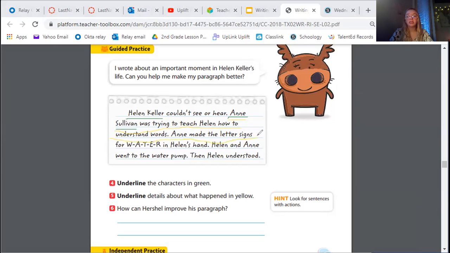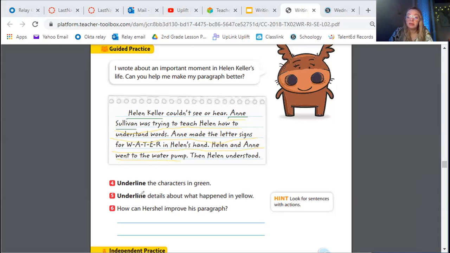Anne made the letter signs for WATER in Helen's hand. Helen and Anne went to the water pump. Because I think those are details about how Helen finally began to understand that the letters Anne was writing on her hand formed words.